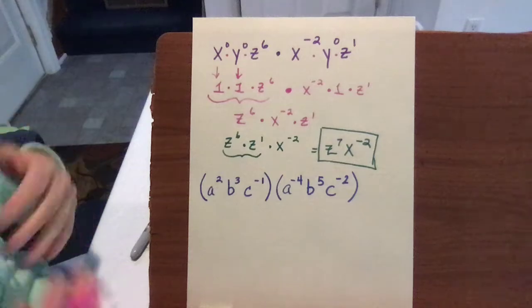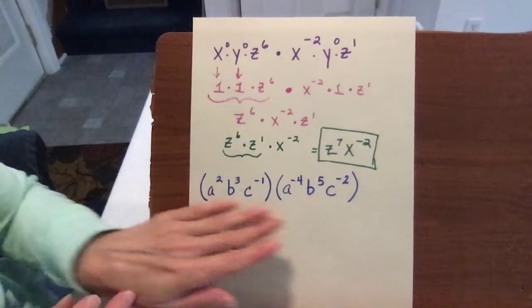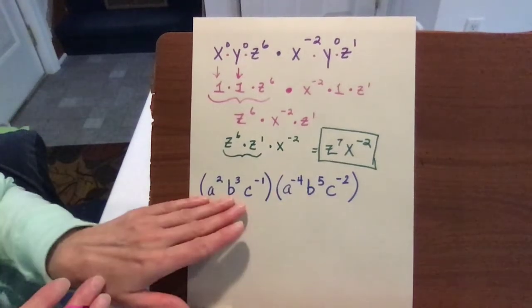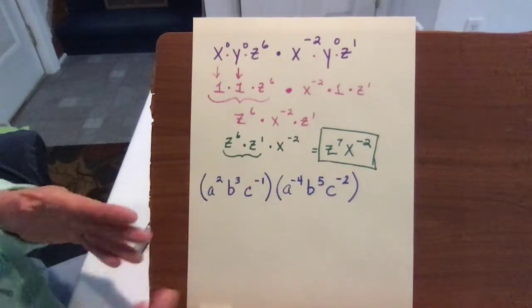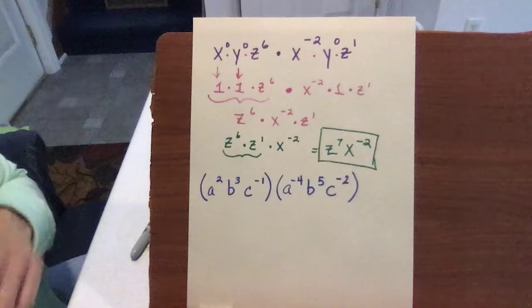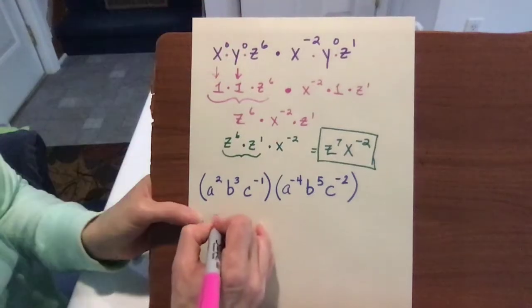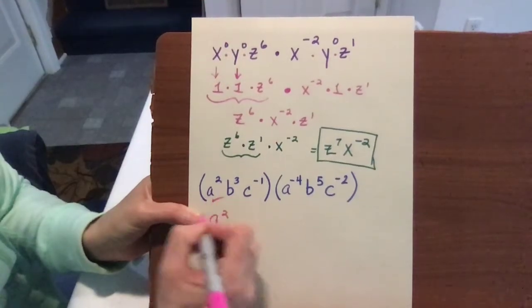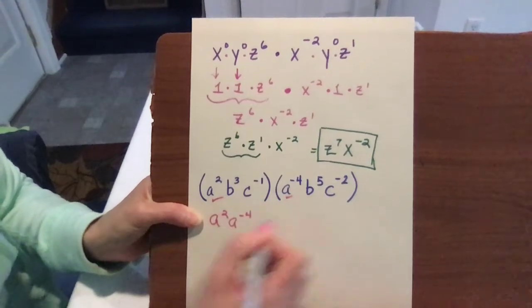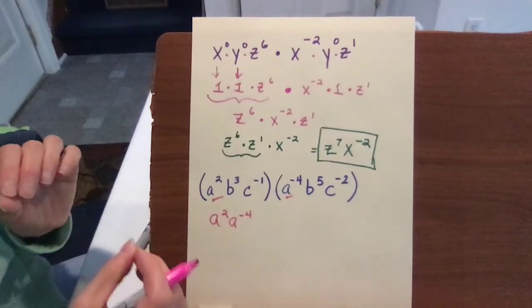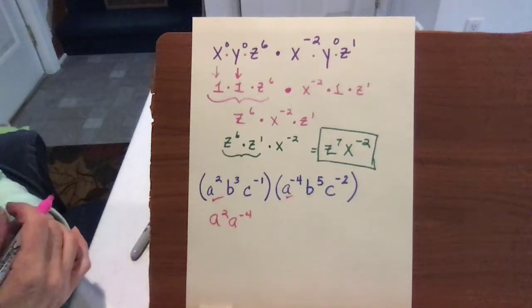So what I'm going to do is look through and say, hey, I've got a's in both of these quantities, I've got b's in both of these quantities, and I've got c's in both of these quantities. So I'm going to bundle my a's, my b's, and my c's. So this is a squared, knocked him off, times a to the negative 4th. So they're together. I put a check mark so I can see that I've already dealt with them.